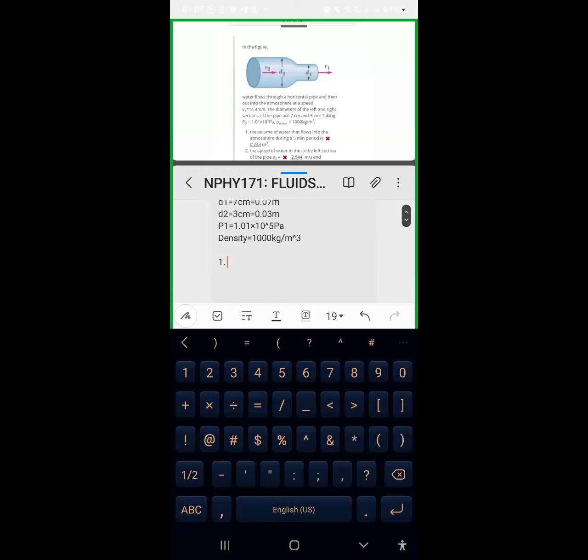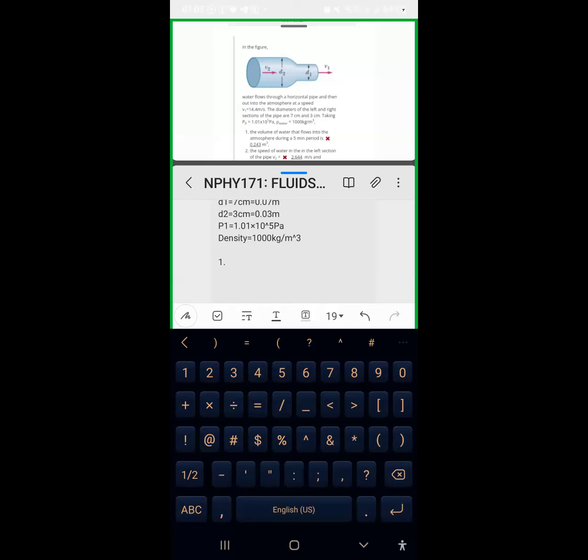The first question says, the volume of water that flows into the atmosphere during a 5 minutes period. In order for you to find the volume of water that flows into the atmosphere, we have to use the continuity equation. Because the minute you are required to find the volume of water that flows, you are basically required to find the volume flow rate.